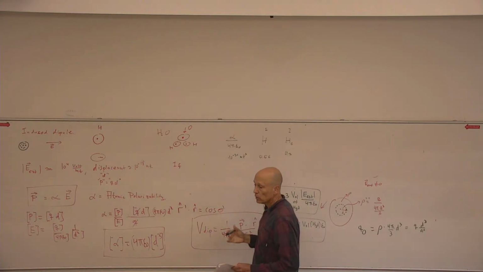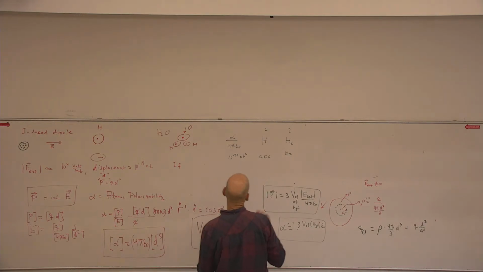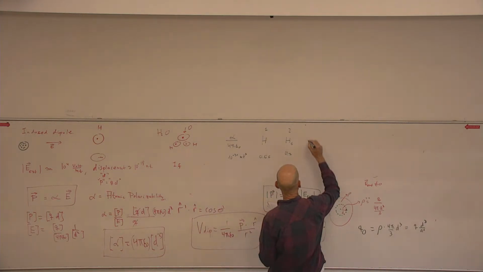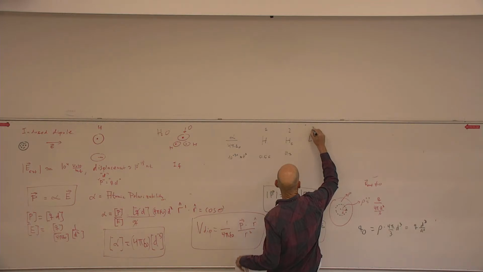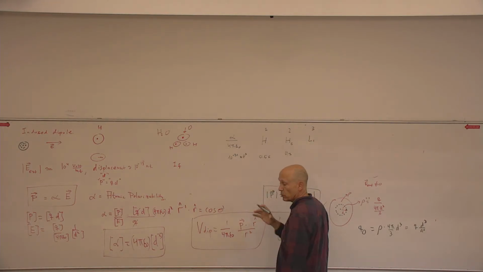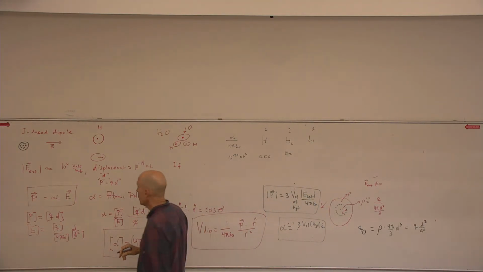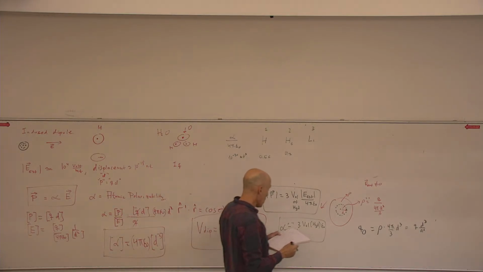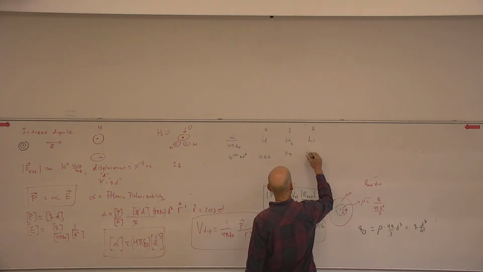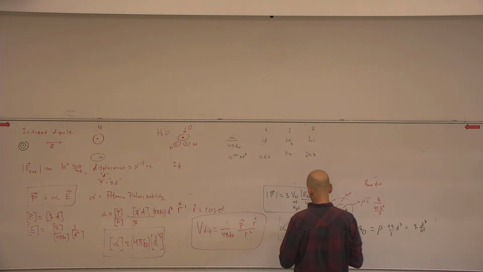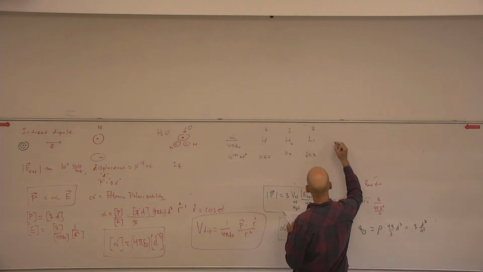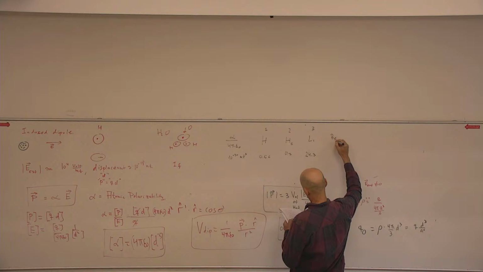It goes down a little bit, you can think why, but it's not so important, because if I go to lithium, lithium is 3, which means 3 protons and 3 electrons. This one is 24.3. Then I go to beryllium, which is 4, this is 5.6.